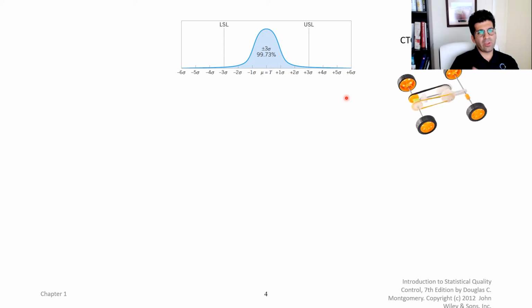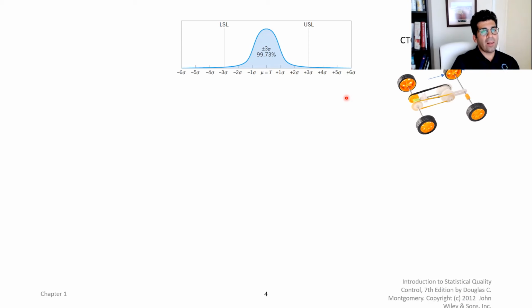For example, let's say we're producing this toy, all right? And one of the CTQs for this toy is the diameter of each wheel, right? So the length of that diameter is in millimeters.